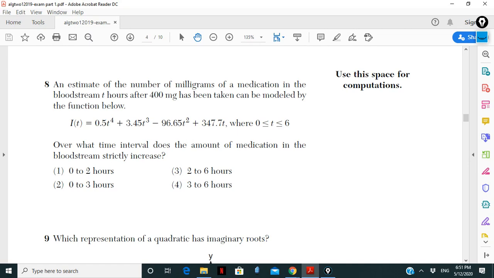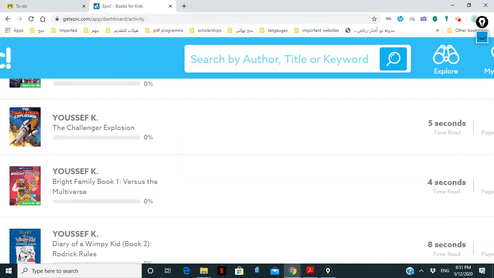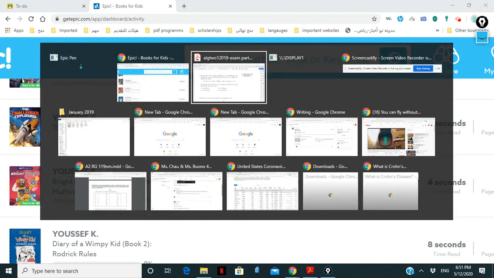Strictly increase. So in that case, I need to graph the function.